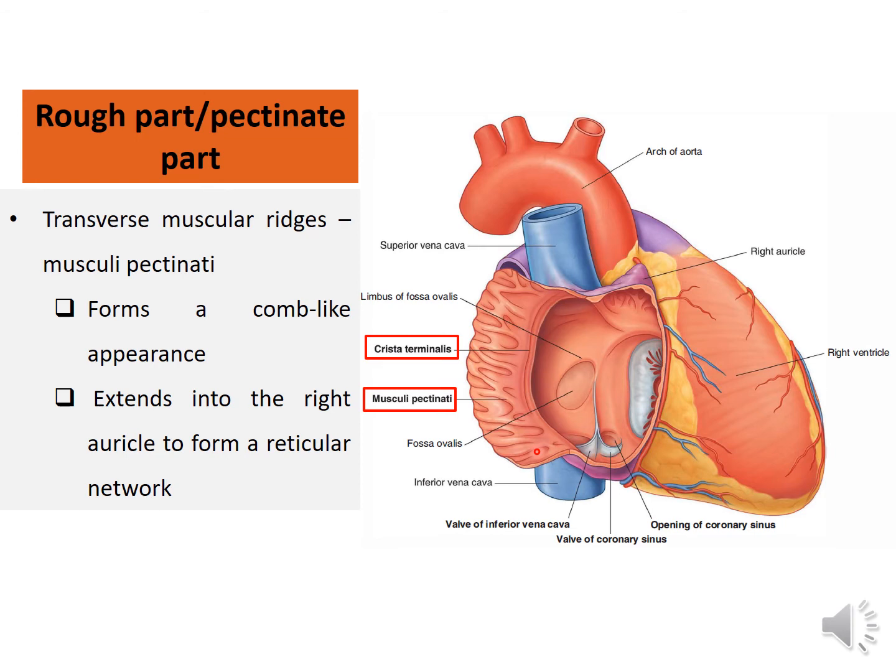And if you look at the extent from the crista terminalis into the right auricle, within the right auricle they form a reticular network. You can see inside it forms a reticular network within the right auricle.